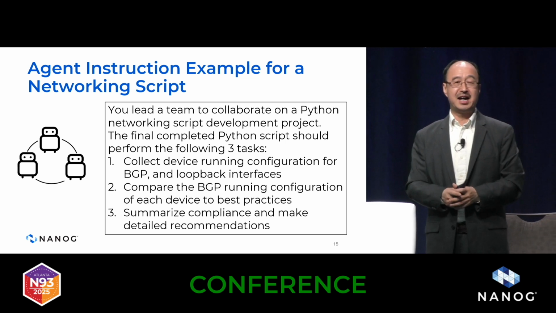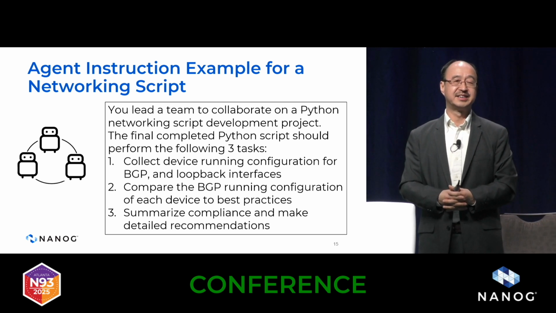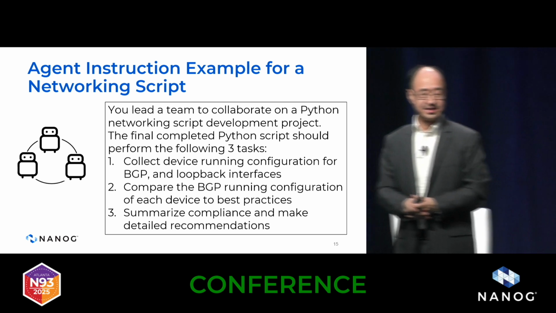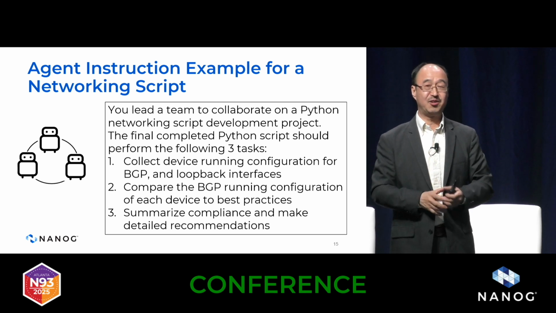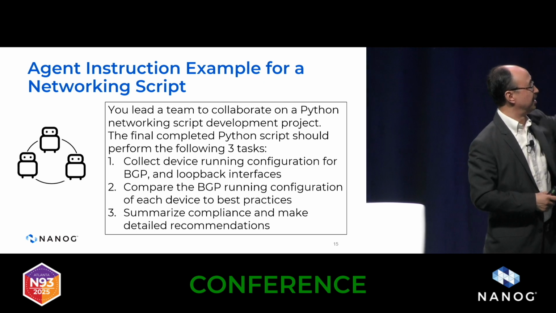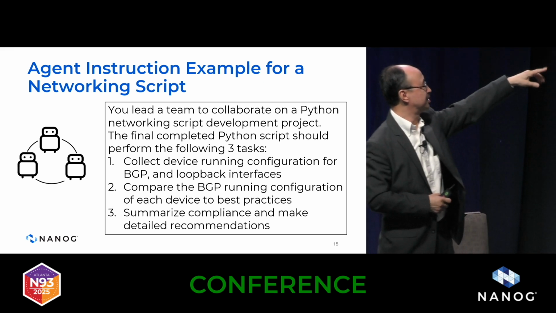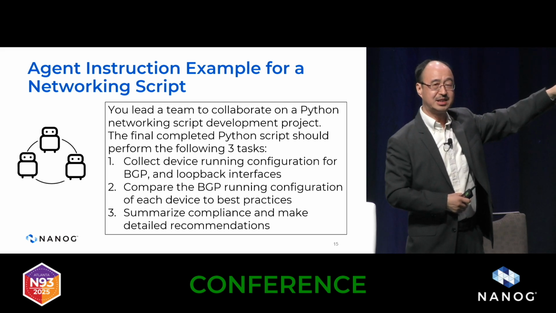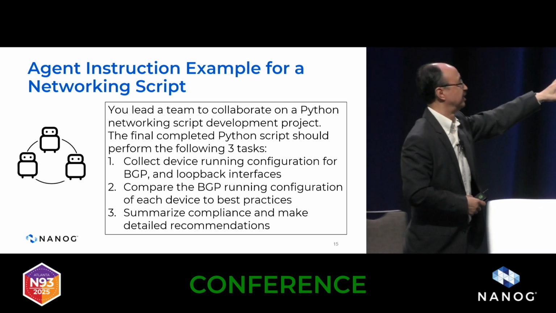Here's an example that we can ask agentic AI to take on for us. For example, you say, okay, agents, you lead a team to collaborate on a Python networking script development project. The final completed Python script needs to perform these three specific tasks.